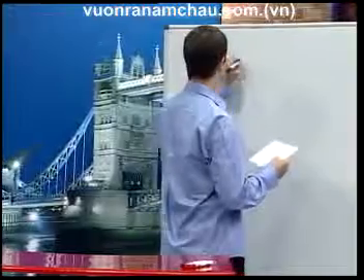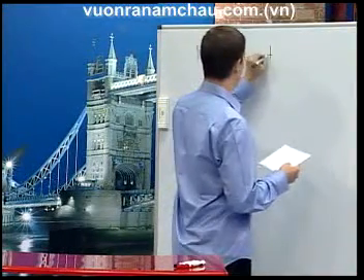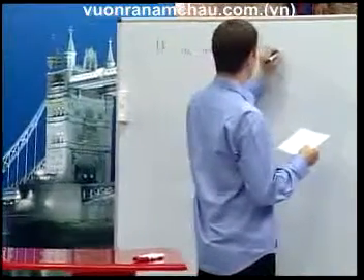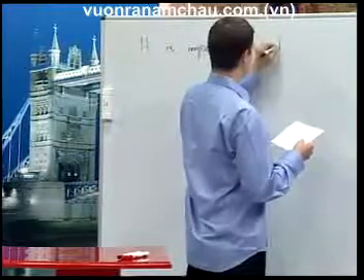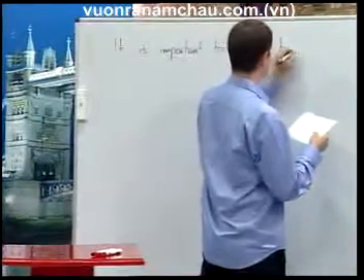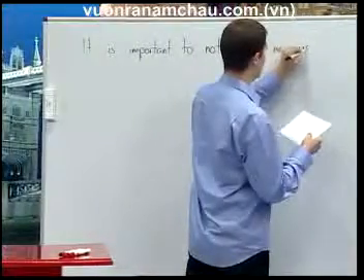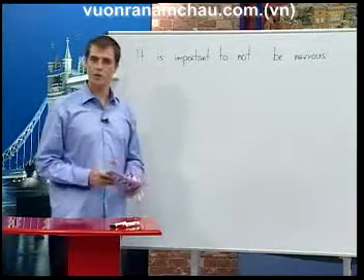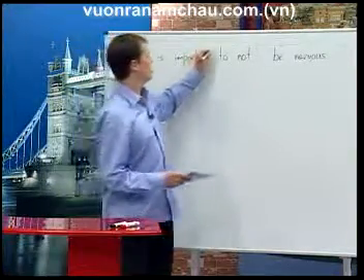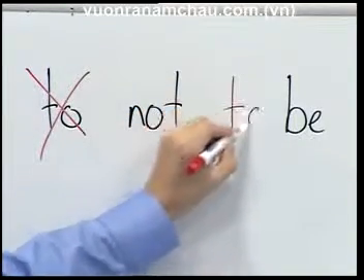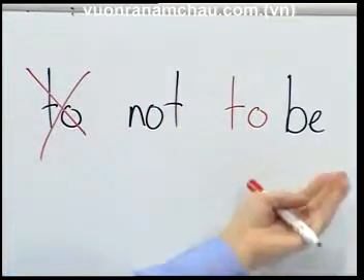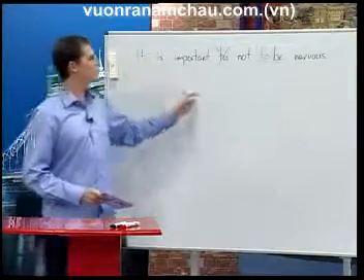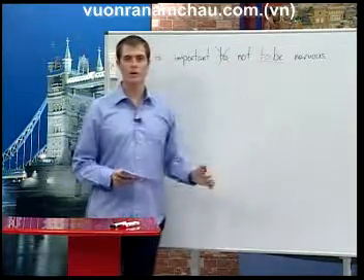It is important to not be nervous is incorrect. It's not correct. We have to take away this and put the infinitive here. So not must be before the infinitive to be. It is important not to be nervous.